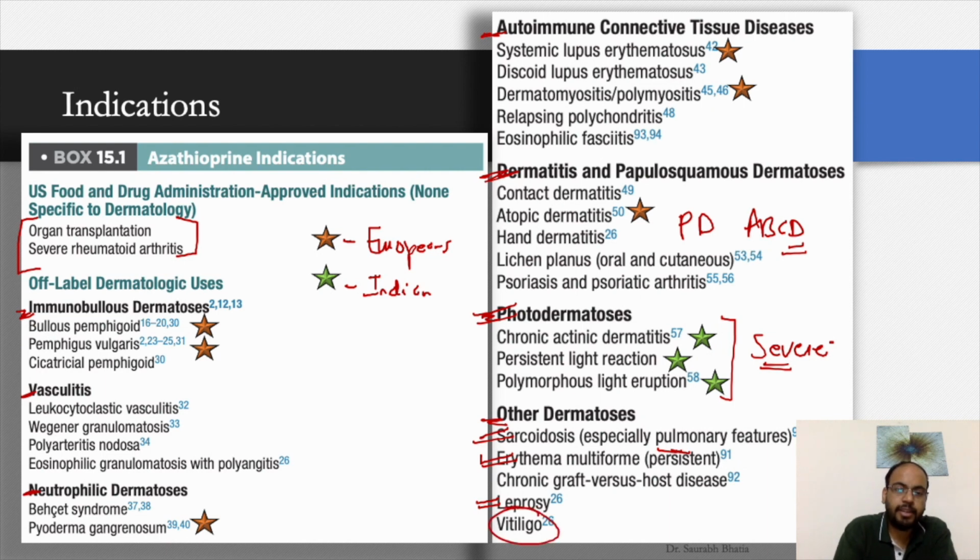Vitiligo is one important indication. I've personally used a lot of azathioprine in vitiligo during my residency, subsequent to a thesis by one of my seniors. Azathioprine has been shown to be a good non-steroidal maintenance agent in vitiligo. If you want to provide an immunosuppressant effect for a prolonged duration, it's a good idea to use azathioprine as a maintenance agent.